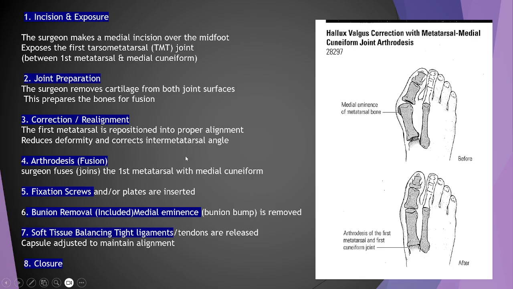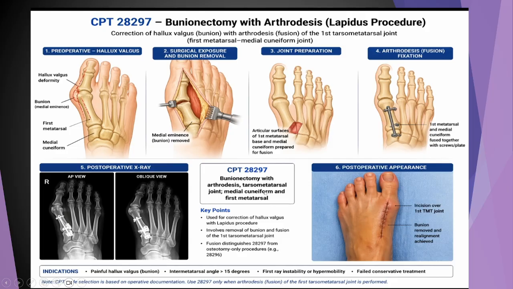Surgeon will fuse the first metatarsal with the medial cuneiform, and screws are inserted, and the bunion removal or medial eminence is also shaved or removed, and soft tissue balancing for the alignment and the closure has been done.